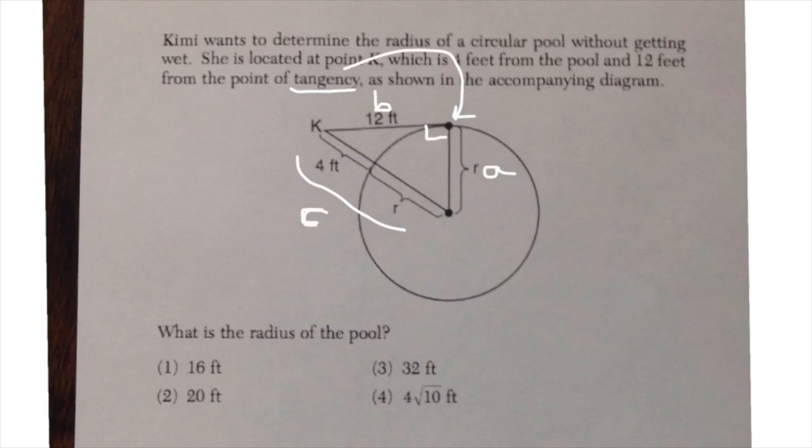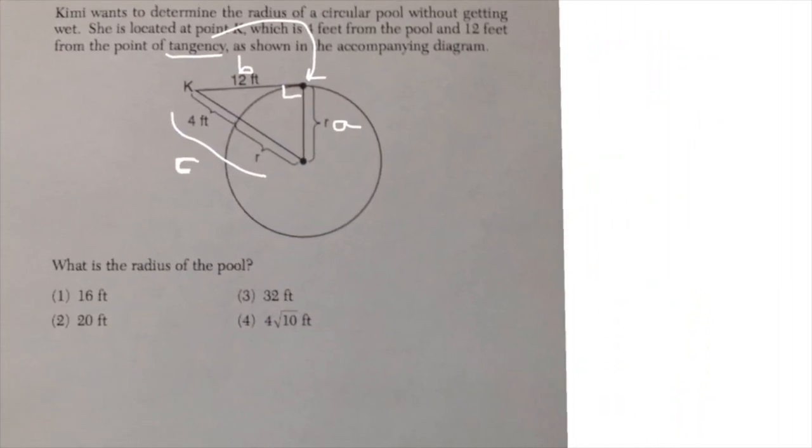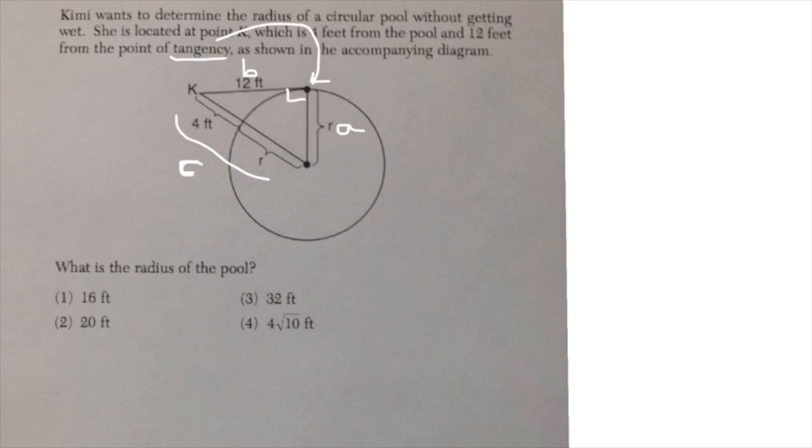So if I'm trying to set up the equation, like I said a minute ago, this question definitely has a different start to it because of the more advanced labeling in there. So it would be A squared would be r squared plus B squared, which is 12 squared, equals C squared.